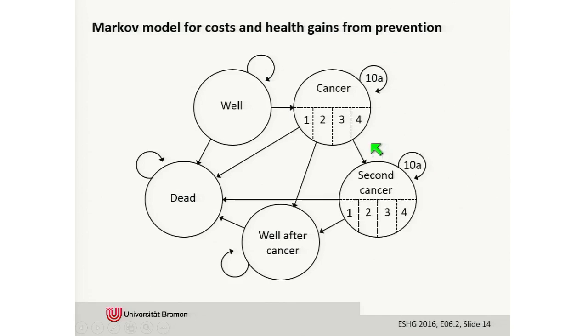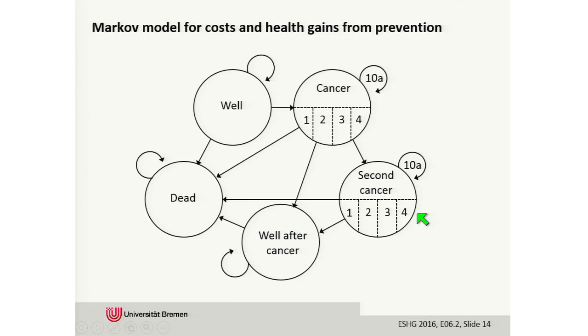Also, as we are in Lynch syndrome, there can be metachronous cancers, so patients can develop a second cancer, and again, the stage distribution differs depending on whether they have increased colonoscopy or not, and also the incidence of cancer depends on whether or not they're on colonoscopy, because cancer could also be prevented by polypectomy before the cancer comes into being.